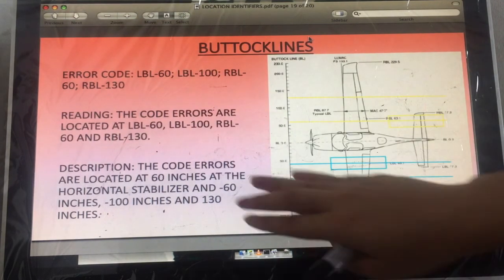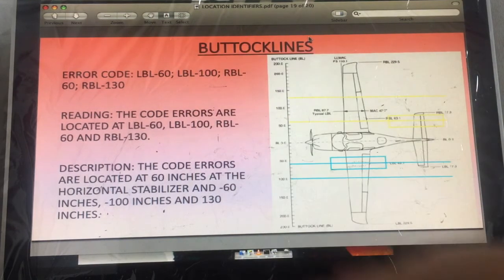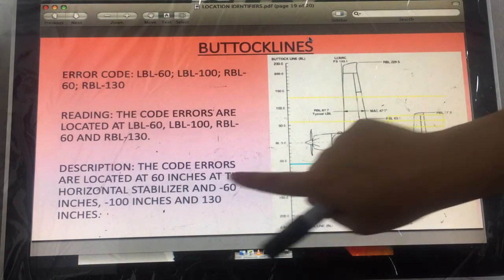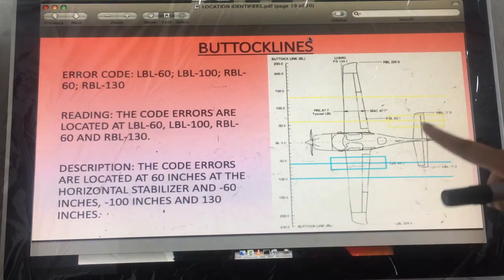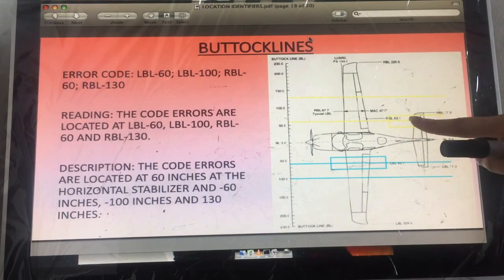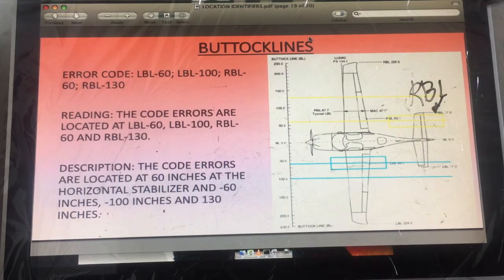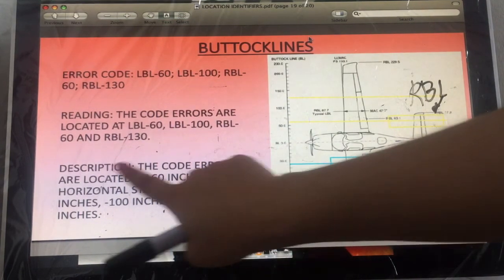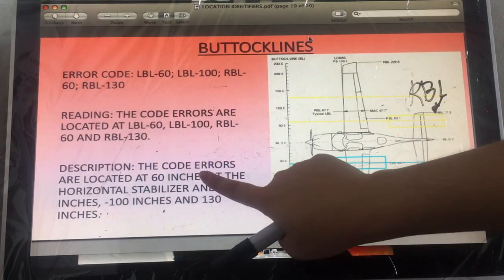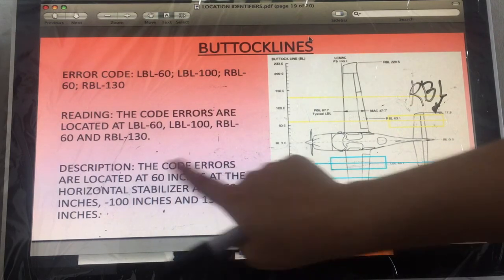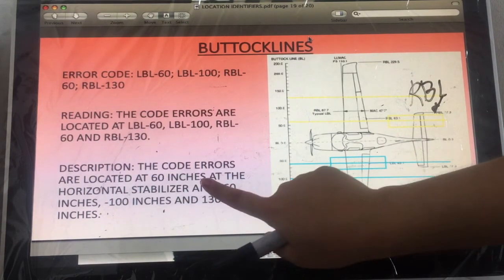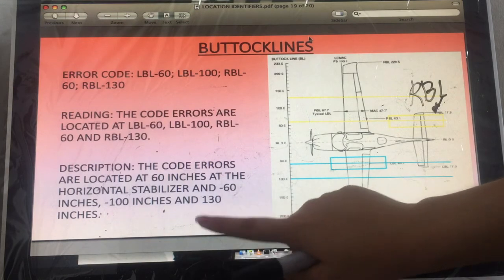And then this is where it gets different. For the description, uunahin ang nasa horizontal stabilizer. Again, since ito ang nasa horizontal stabilizer, this is your RBL. Unahin nyo siya. So, the code errors are located at positive 60 inches at the horizontal stabilizer, and ilagay nyo na lahat ng nasa wings niyan.